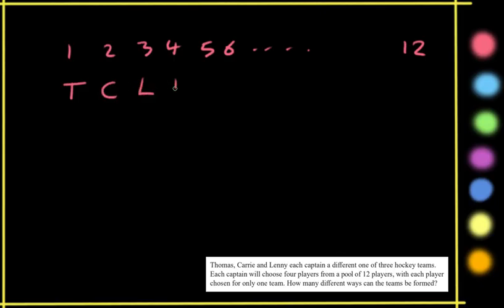So I could do TCL, TCL, T, T, L, L, L, L, L, C, C. How many do I have? 1, 2, 3, 4, 5, 6, 7, 8, 9, 10, 11, 12. Okay, so I've got 4 of each, right?